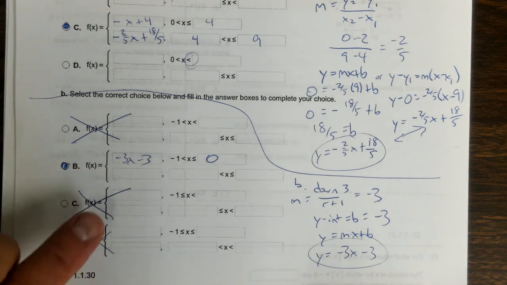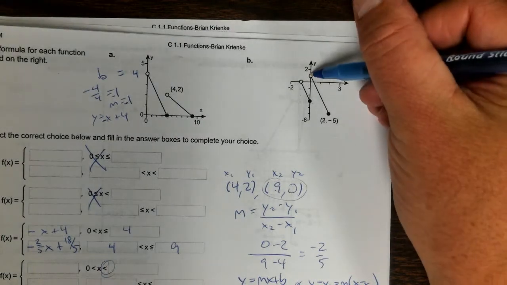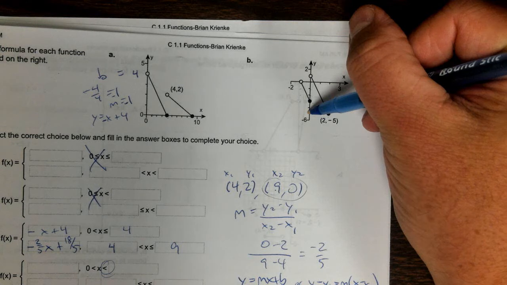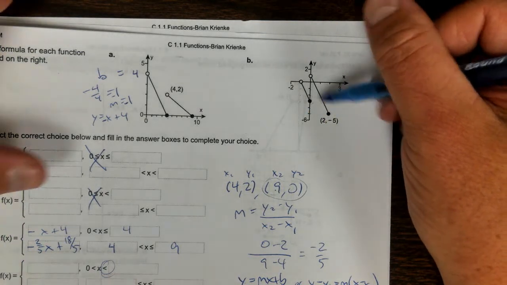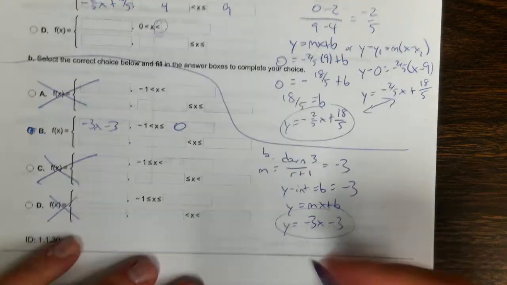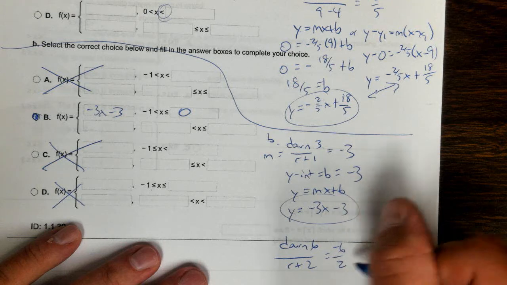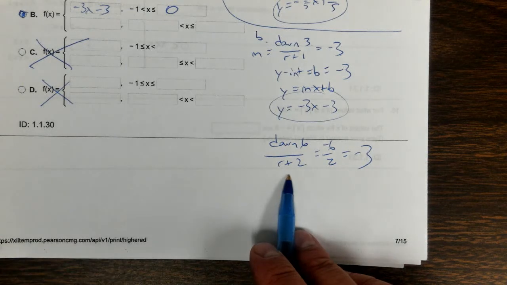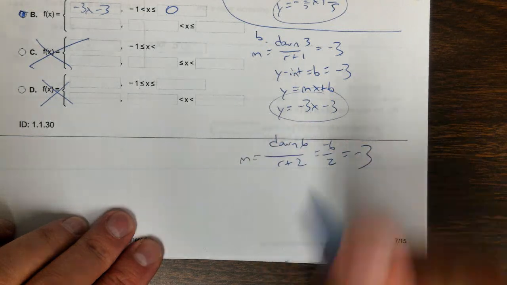And then for the next part, we're going down 1, 2, 3, 4, 5, 6 units. That's down 6 and then right 2 because it's 2, -5. So down 6, right 2. Down 6, right 2 is -6/2, which is -3. So that's my slope.